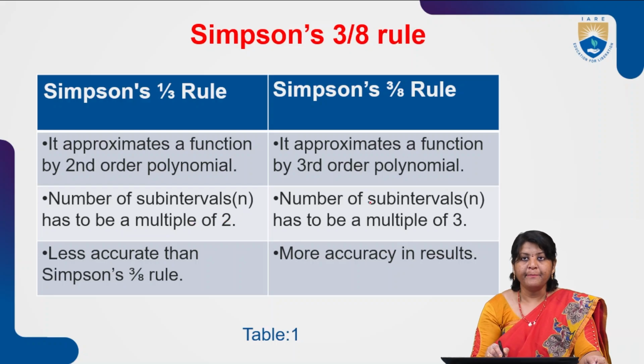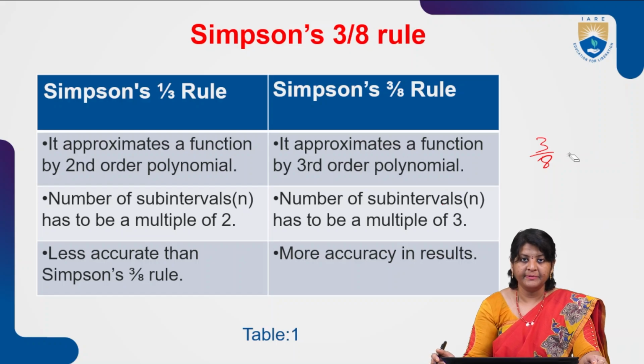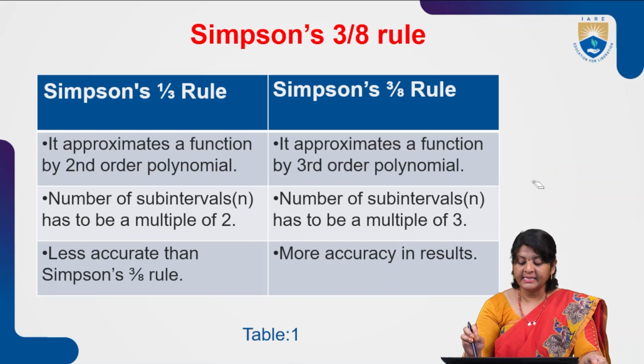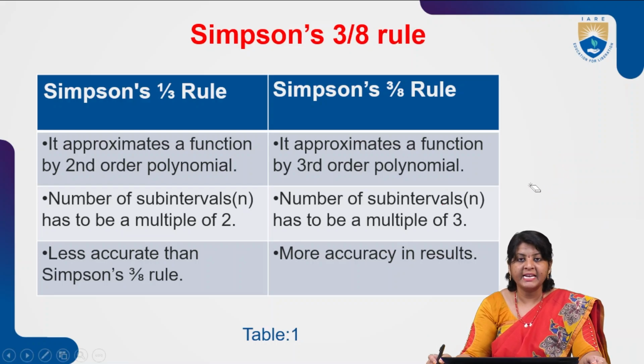And here, the number of subintervals n has to be a multiple of 3, since the formula indicates 3h/8, or the rule itself is given as Simpson's 3/8. Whereas in Simpson's 1/3, they give 1/3 into something.